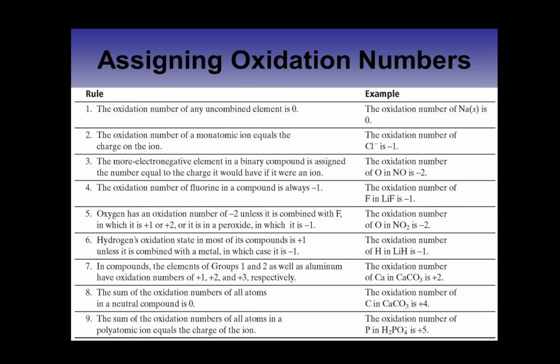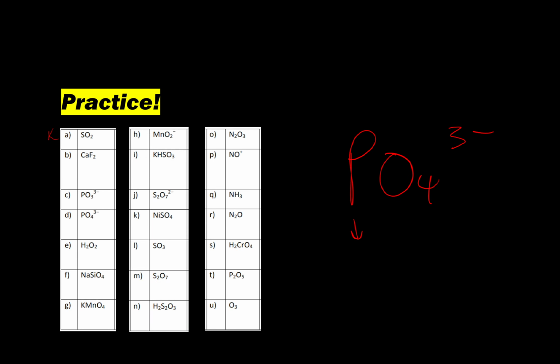So what we have to do is use the rules, because I understand what you're saying. It's an answer, right? But it doesn't seem like the right answer. What was the answer again? Just let me know what your answer was again. -8 and +5, so -8 on the phosphorus and +5 on the oxygen.